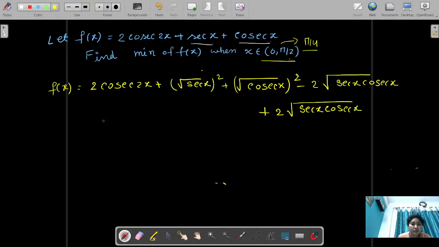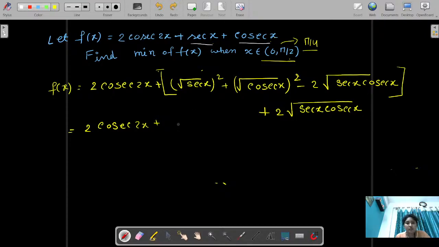Okay, now I can see this is 2 into cosec 2x plus this is a formula of a square plus b square minus 2ab, and that is a minus b whole square.